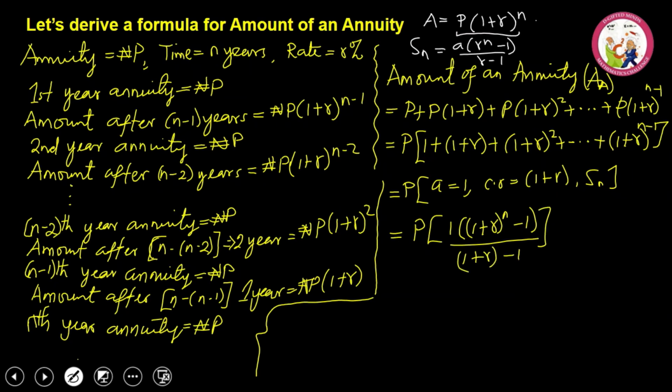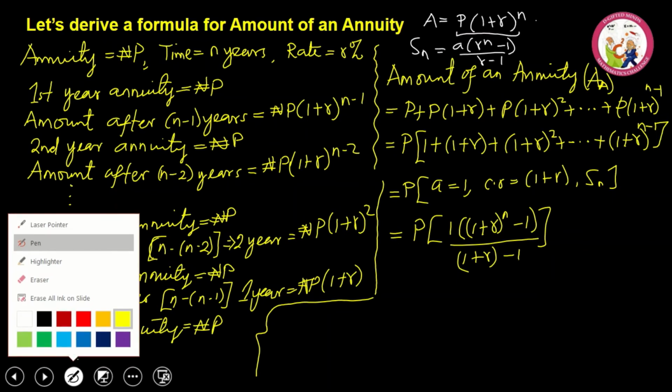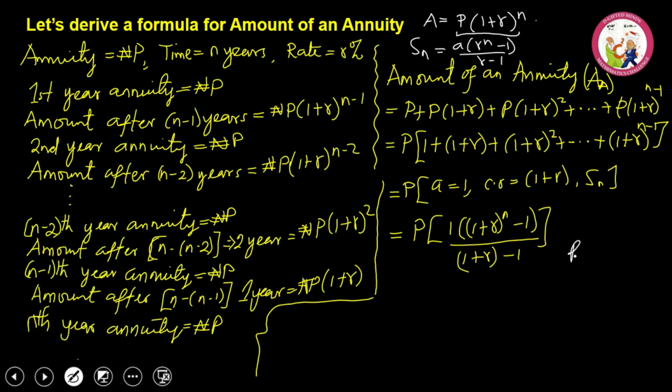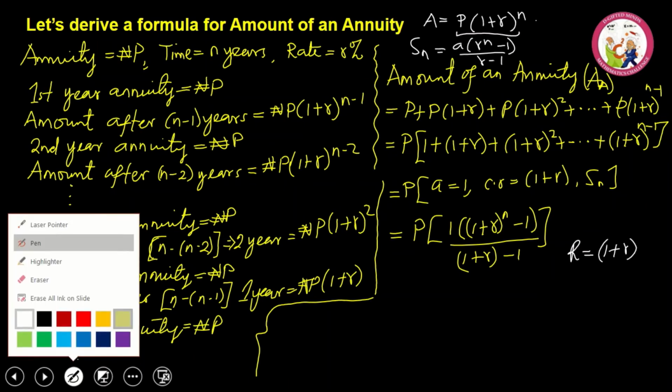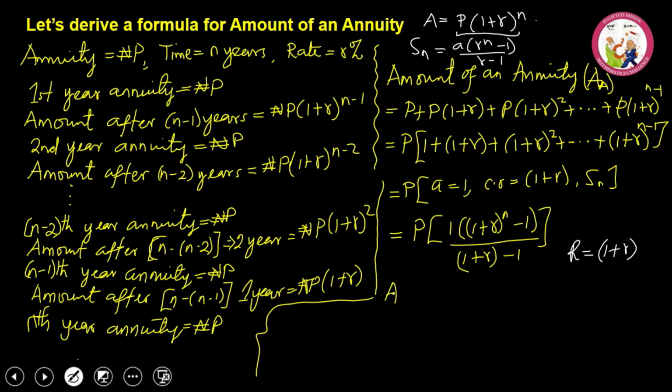Alright, so let's do some other substitution. Let big R be equal to 1 plus r. Now if big R is equal to 1 plus r, it means that the formula can be written as amount of annuity equal to P times big R raised to the power n minus 1 over big R minus 1.